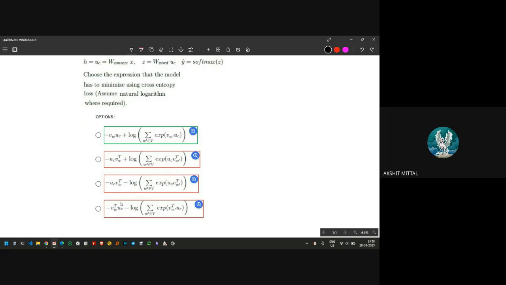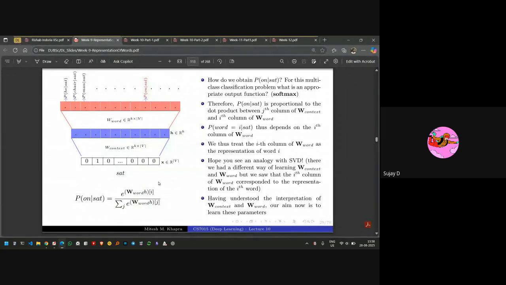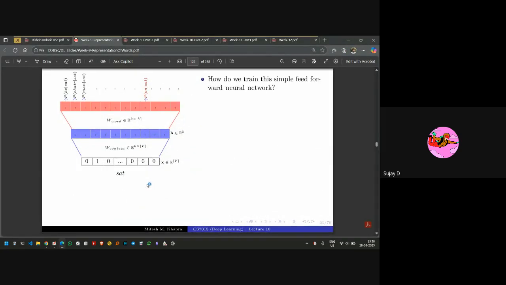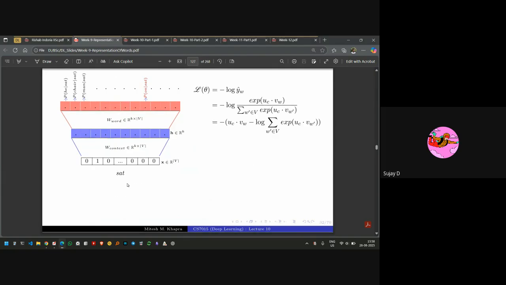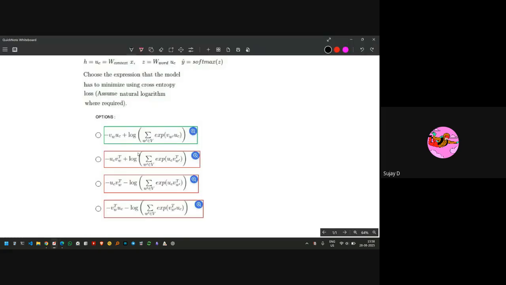Have you got any idea? So let's see the slide. This is the update rule. If this is the update rule, what is the loss? This is the loss. Minus and plus. Okay, this is directly from the slide.